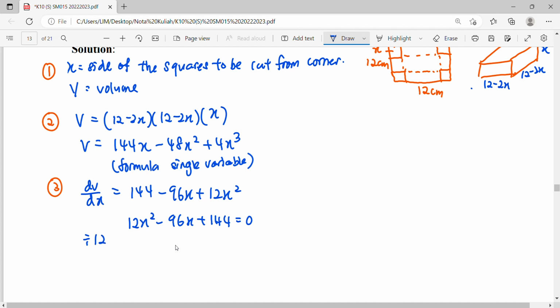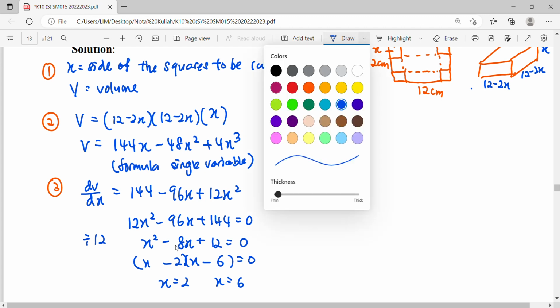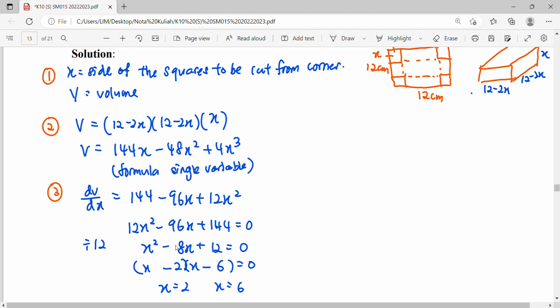Divide by 12. So here we have our critical numbers. We have two critical numbers here, which are x equals 2 and x equals 6. So the next step is to use the second derivative test to verify which critical number gives us a situation of maximum.